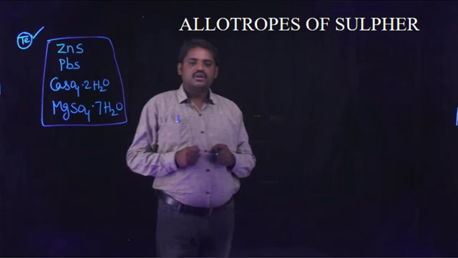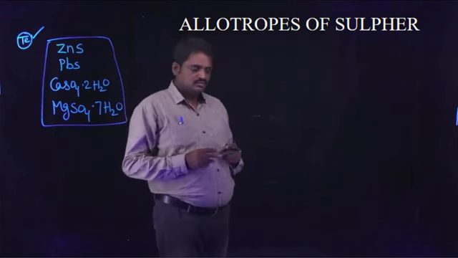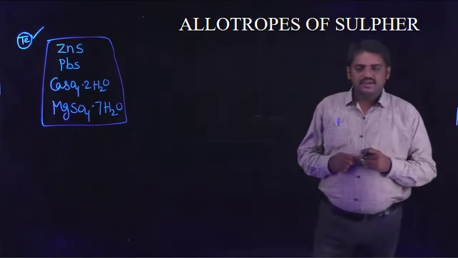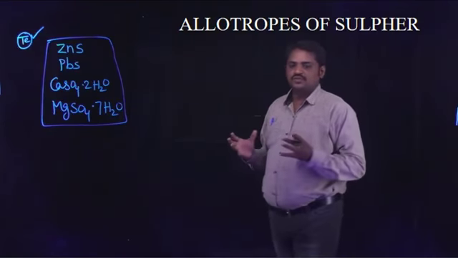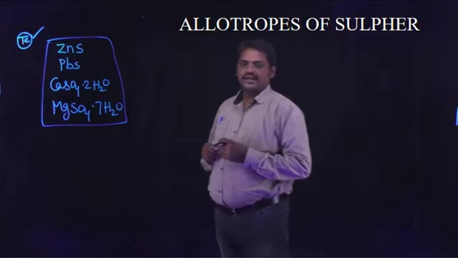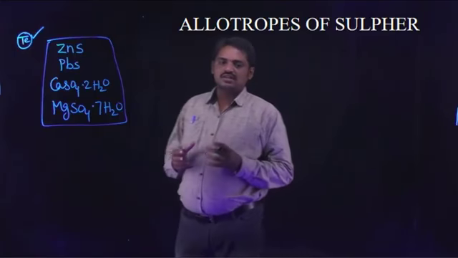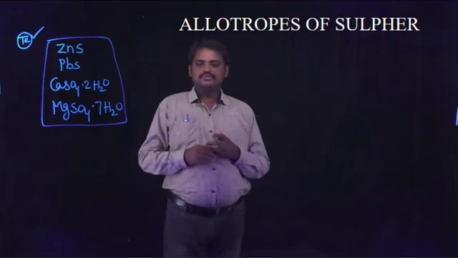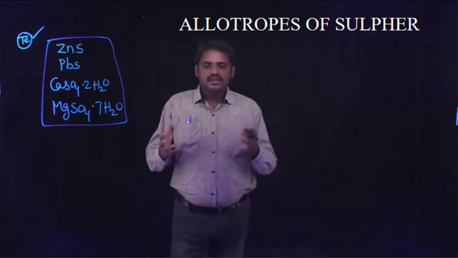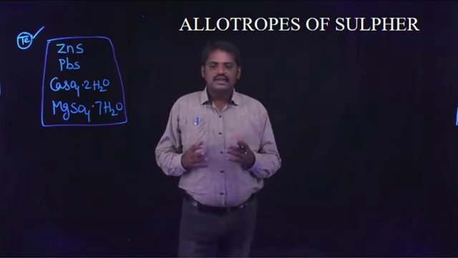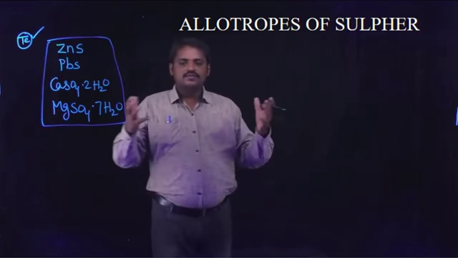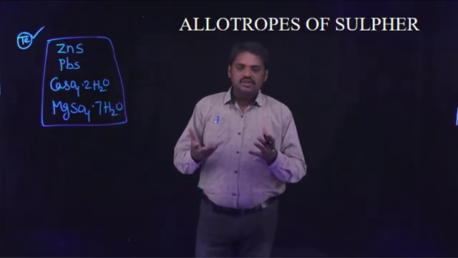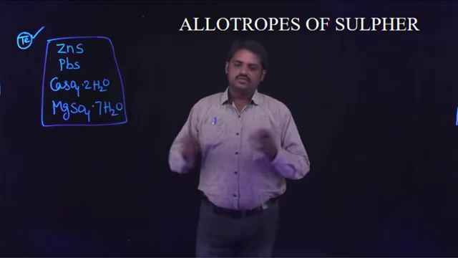And pure sulfur is available in different types of ores. Those ores are concentrated to produce pure sulfur. That sulfur is used to produce different types of new molecules. That new molecule is known as an allotrope.